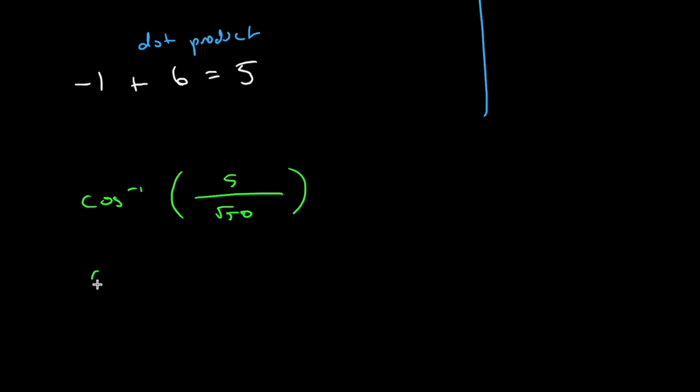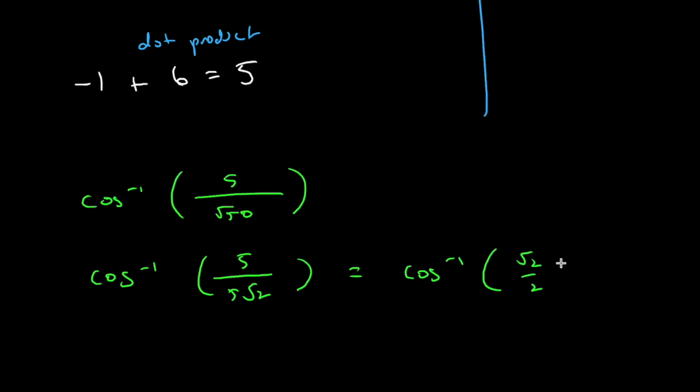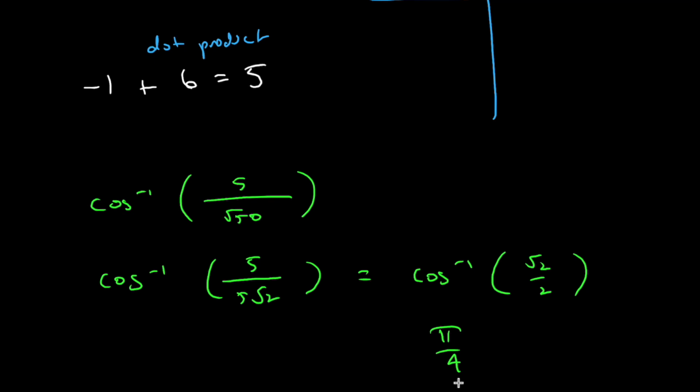This could also be simplified to inverse cosine 5 over 5 root 2, or just inverse cosine root 2 over 2. Well, wait a minute. We know exactly what inverse cosine root 2 over 2 is, right? We just know that this could be pi over 4. That's the angle between these two vectors. So this would be our answer.